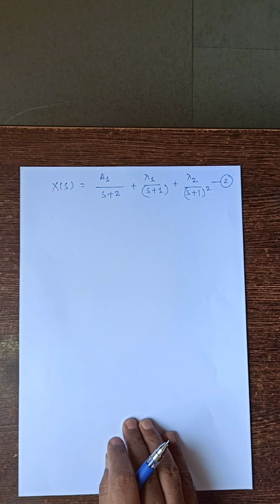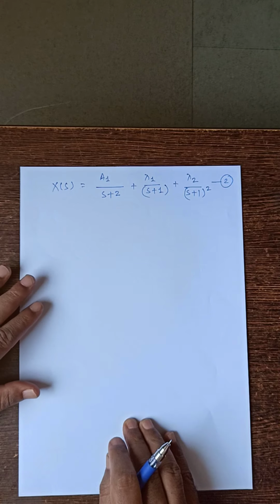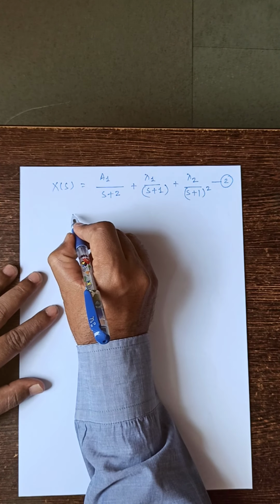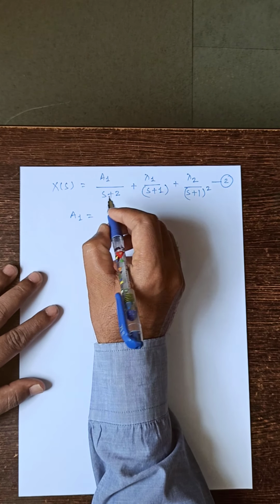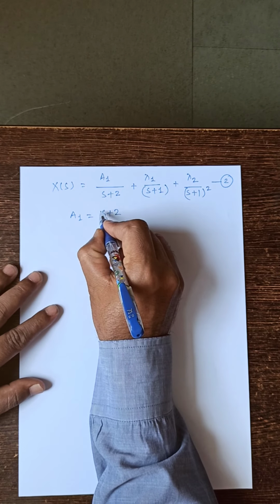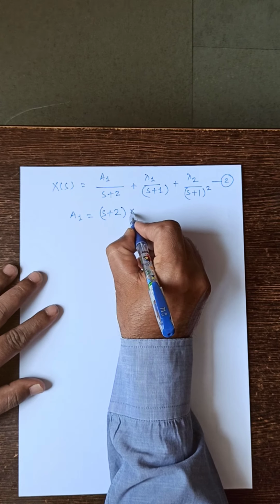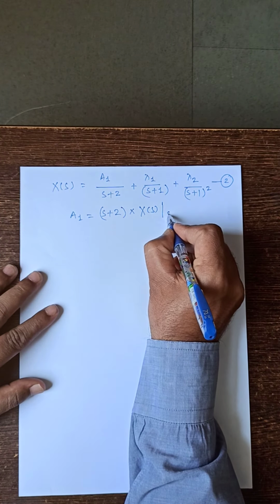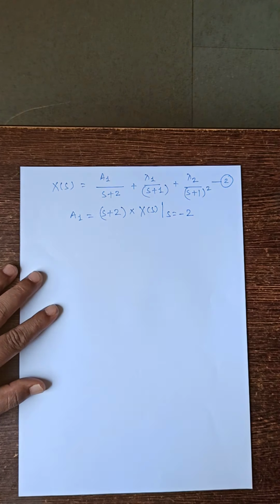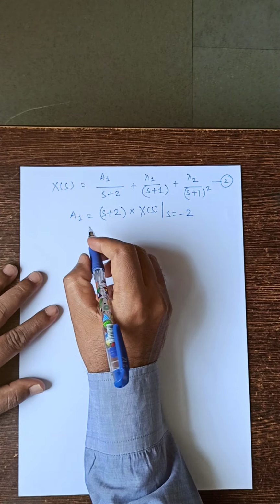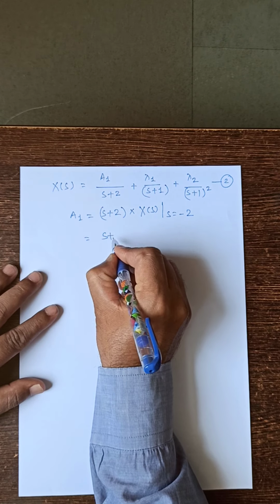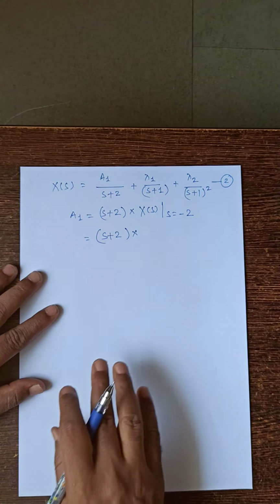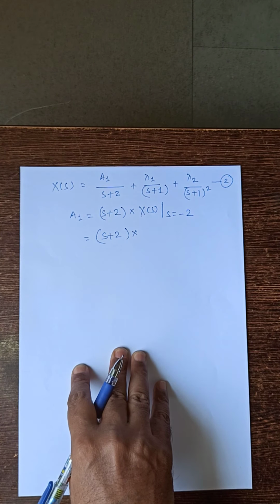So A1 can be found out with the normal distinct pole method. So we'll find out A1 first. A1 is equal to (s plus 2) using the partial fraction expansion method into X of s at s equals minus 2. So just put the values, s plus 2 into the value of Xs.